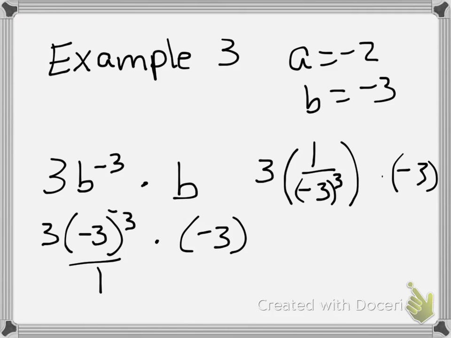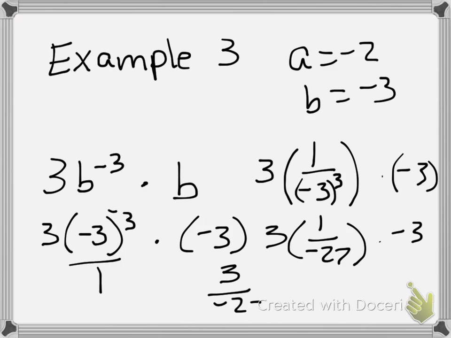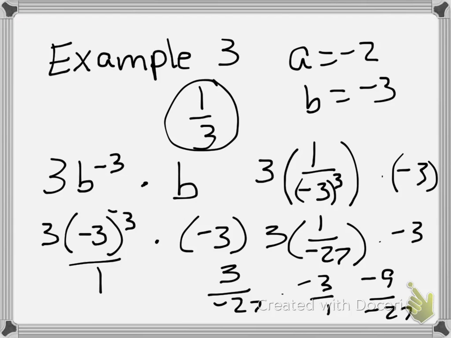So what we get when we do this is 3 times 1 over negative 27 times negative 3. So then we get 3 over negative 27 times negative 3. We'll put that over 1, which would give us negative 9 over negative 27. And when we reduce that, we would get a final answer of 1/3.